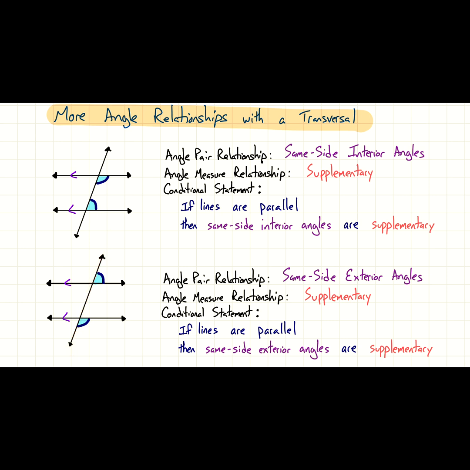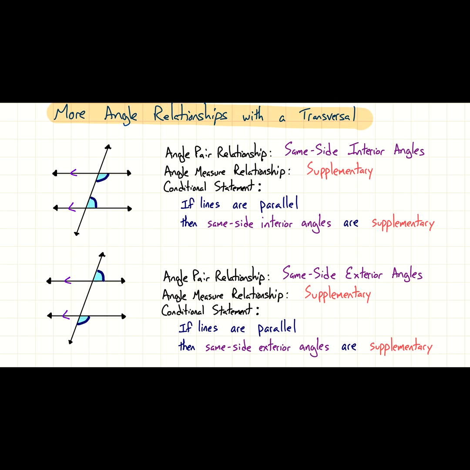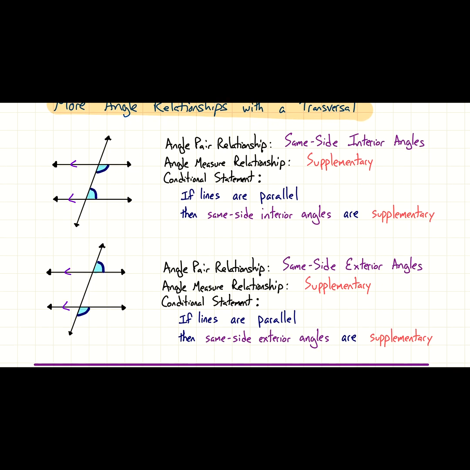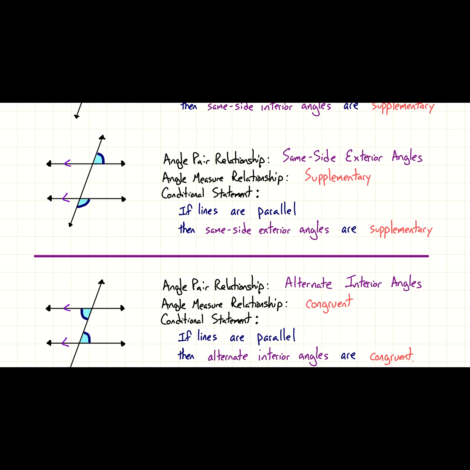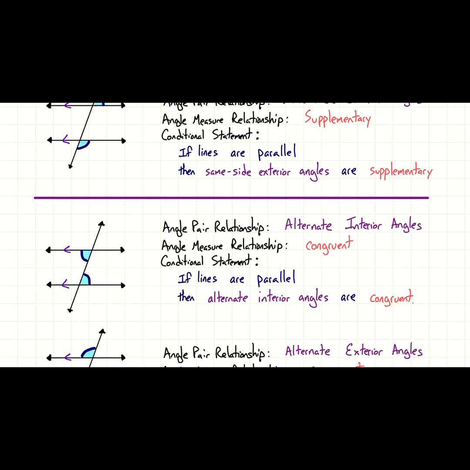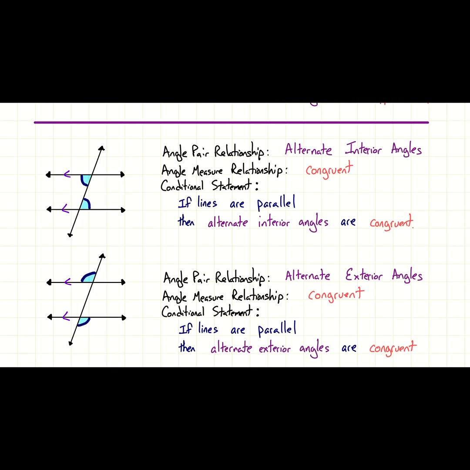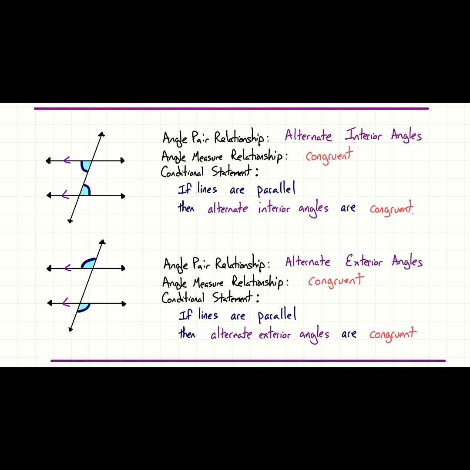All right. If you understand that, then the next two that I'm going to show you should seem a little bit easier. I've paired these up because they're almost identical to the previous two.